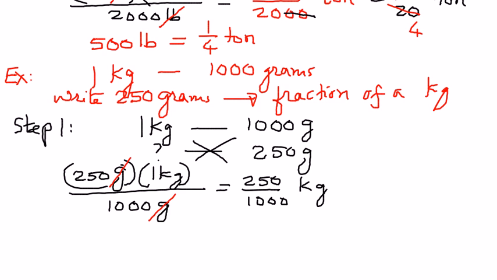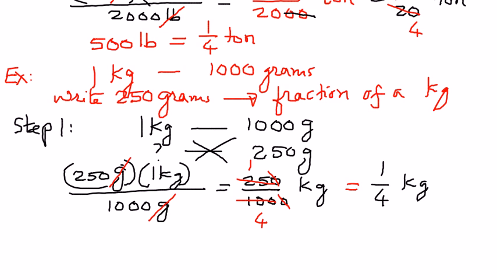Now let us simplify this. As I mentioned, if a number ends in zeros in the numerator and in the denominator, we can cancel them out. And now it's as simple as looking at the number of quarters in terms of dollar amount. 4 quarters make $1. If we have 25 cents, 25 times 1 is 25, 25 times 4 is 100. So therefore, we can write this as 1/4 kilograms.